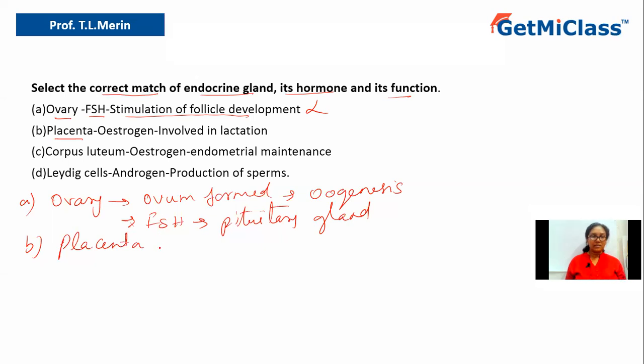Now placenta, of course, produces estrogen and progesterone, but these are not involved directly in lactation. Progesterone is necessary for the maintenance of the pregnancy, but that is not involved in lactation.